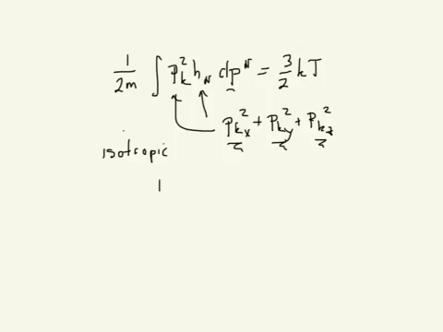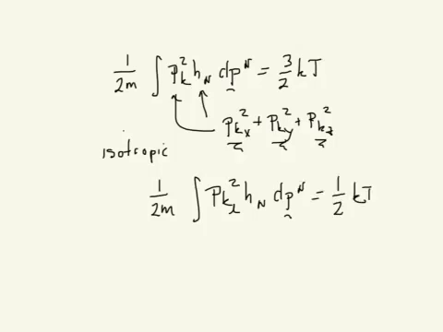Therefore, we can state that for any of those contributions, we could use the subscript L now. Each of those integrations should result in a 1/2 kT contribution to the total average kinetic energy over the three components.